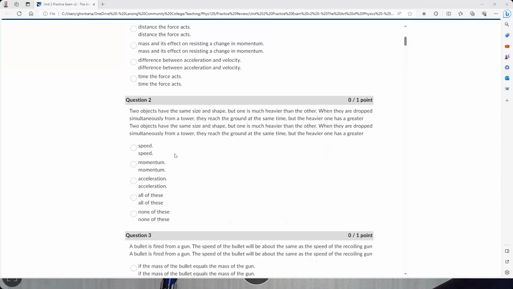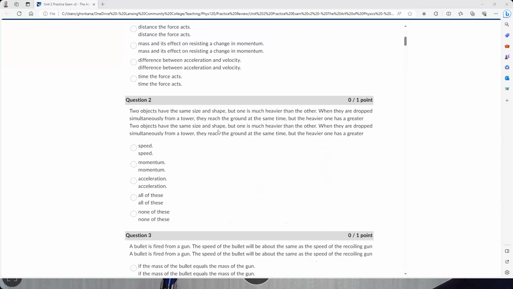Two objects have the same size and same shape, but one is much heavier than the other one.